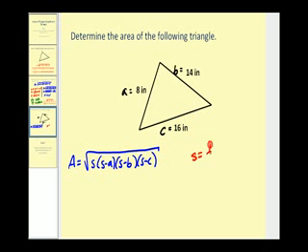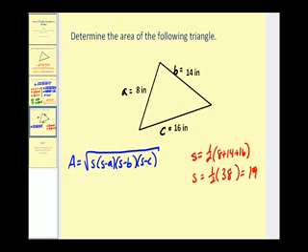So let's go ahead and determine the value of S, which is half of the perimeter. So we're going to have 1/2 times the quantity of 8 plus 14 plus 16. It looks like this would be 30 plus 8, so we have 1/2 times 38, so our semi-perimeter is equal to 19.